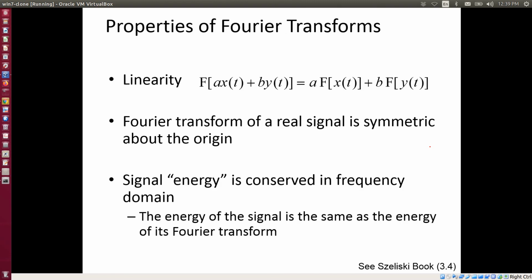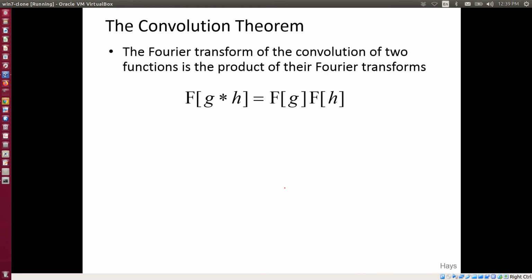As I mentioned, the energy is conserved in the frequency domain. You have the original patch of image in the spatial domain, and after the transform, the energy should be the same. And we have the convolution theorem also. That one is quite easy to show. This time I'll write it down.